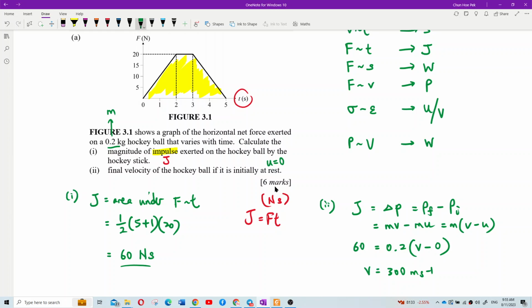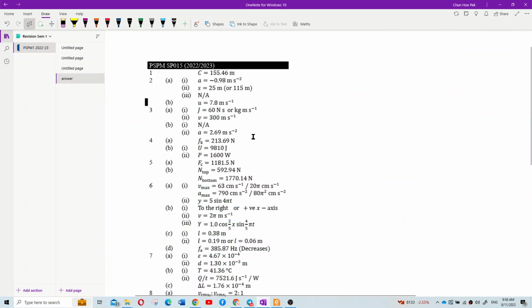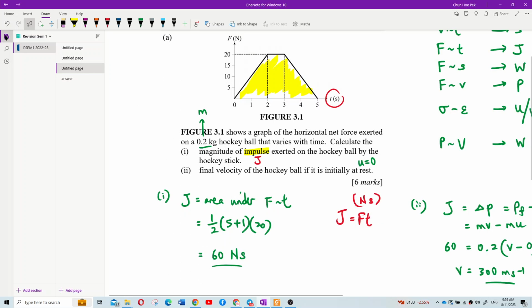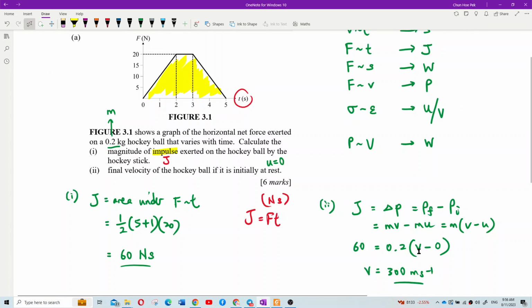Meter per second. So am I right, class? 60 Newton second, and 300 meters per second. Okay, done.